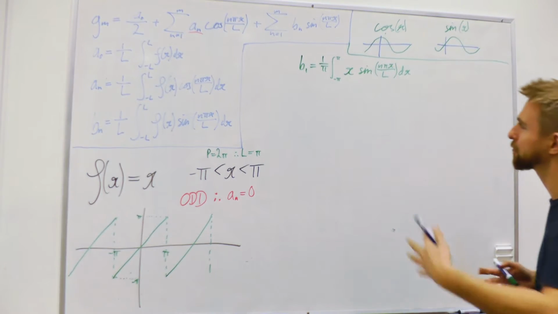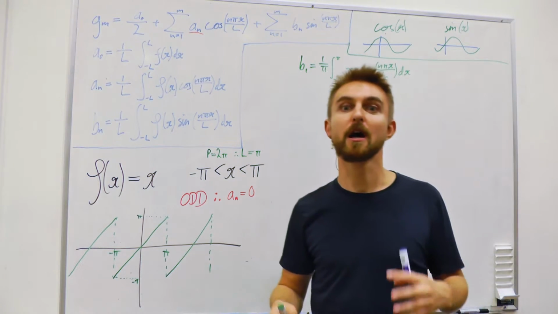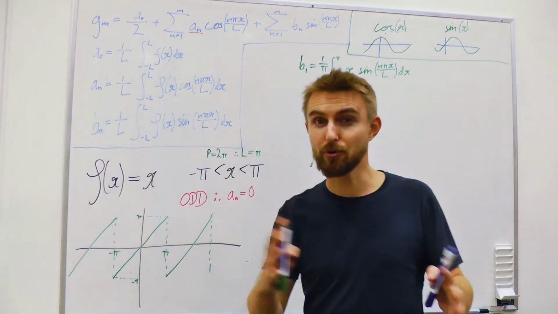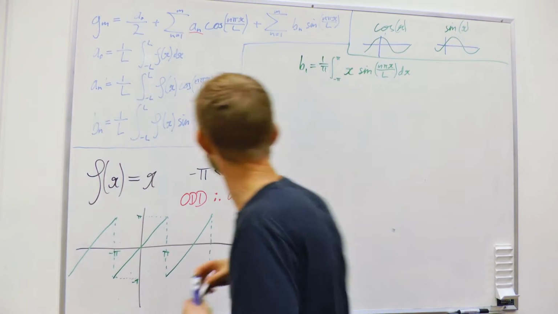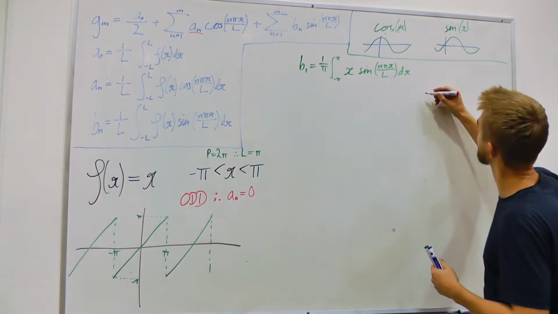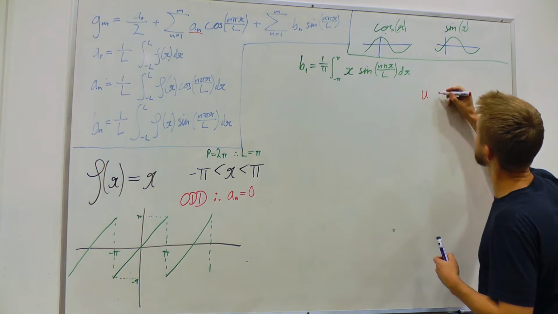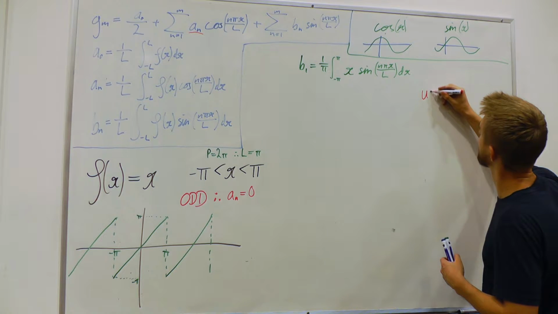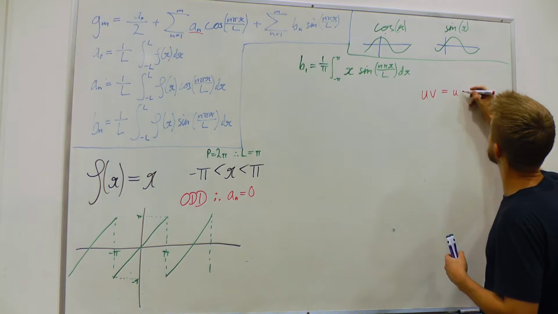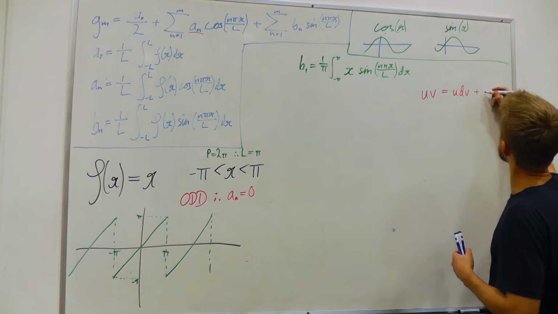If you can't remember integration by parts, just remember that it's actually just the product rule in disguise. I'll just show you that briefly. The product rule is when you're finding the differential of u times v, you get u dv plus v du.